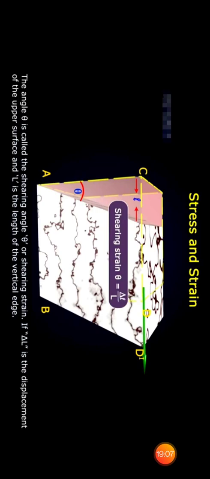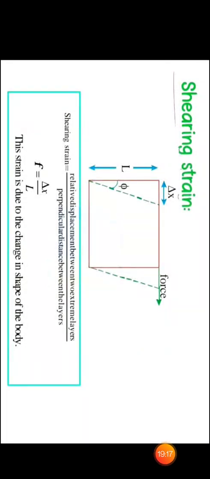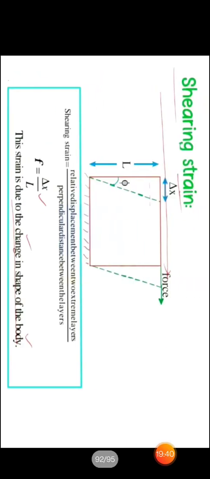Theta is equal to delta L upon capital L. Now the shearing strain is the relative displacement between the two extreme layers upon the perpendicular distance between the layers, that is delta x upon capital L, as shown in the figure. This strain is due to the change in shape of the body.